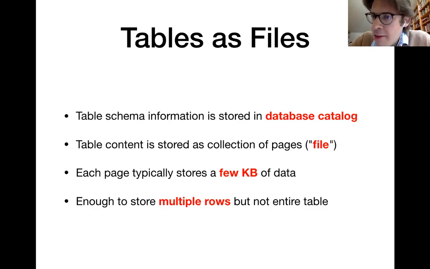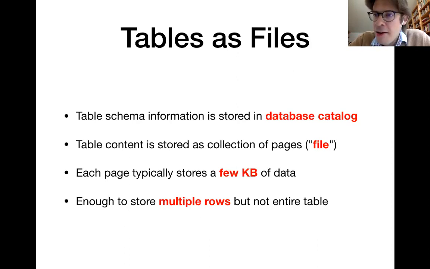We have, for instance, seen for hard disks, there's a certain overhead in repositioning your read and write head. So once you have repositioned that, you don't want to read only a single bit or byte, but you want to read a little bit more data in order to make it worth it. And so those pages have a granularity that makes it somewhat efficient to retrieve and store data at those quantities.